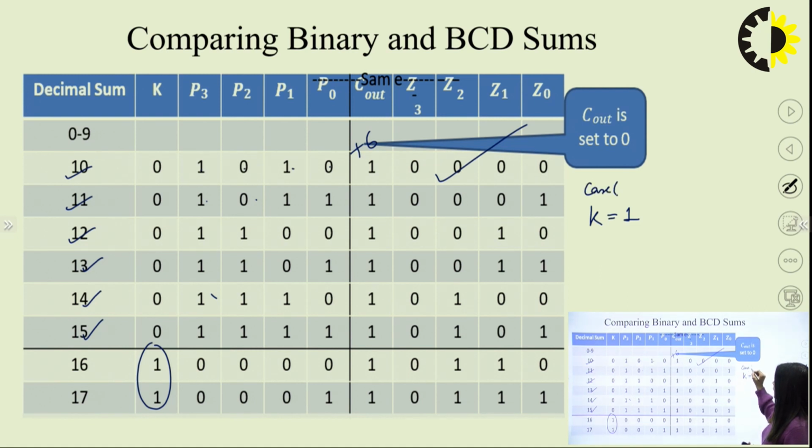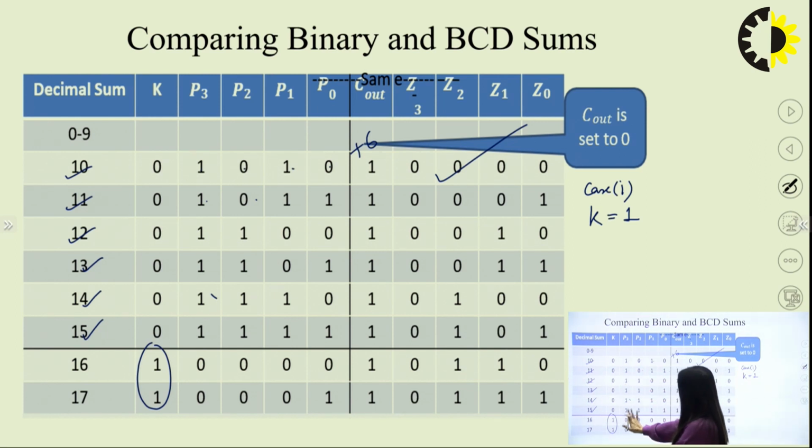Case 1. I am just drawing the outcomes of this table, and then let us watch this particular table once again, and here I can see my P3 is always 1, but in 2 cases it is going to be 0.